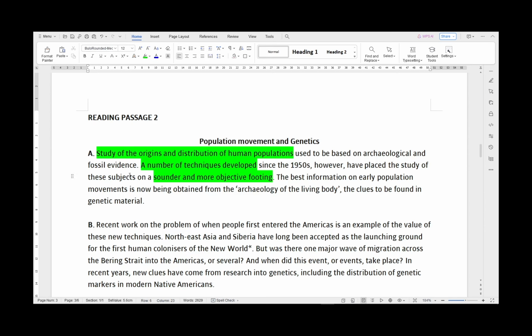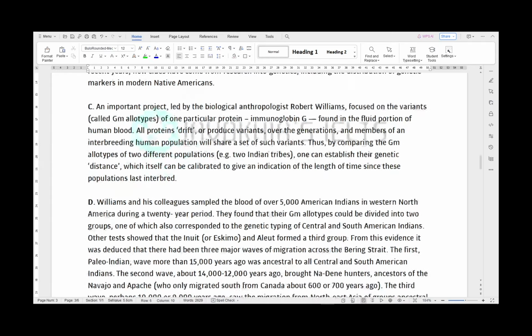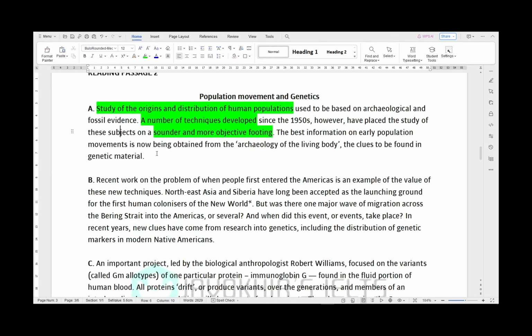Okay, so basically paragraph A, or the very first paragraph, is most of the time mainly about descriptions, describing a particular topic. I would say that it is going to describe what the whole text or the main idea is about, right?